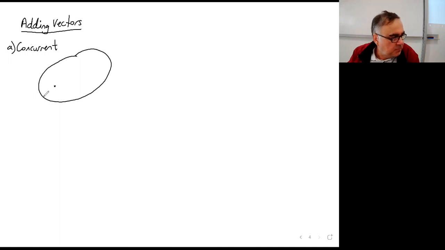For example, if you have a point here, and say this is F1, F2, this is F3. Three forces act on this body. Their points of application eventually coincide at a single point. So what you can do is add them up simply like this, F1.